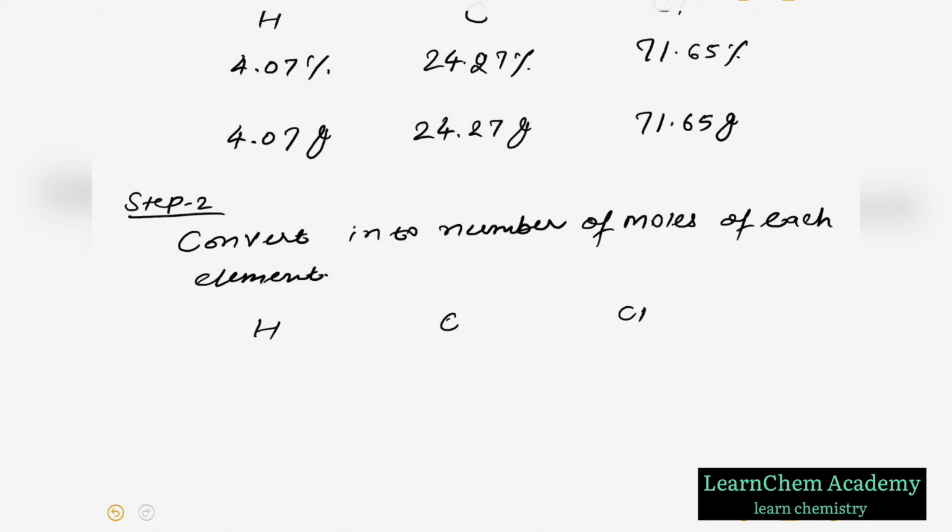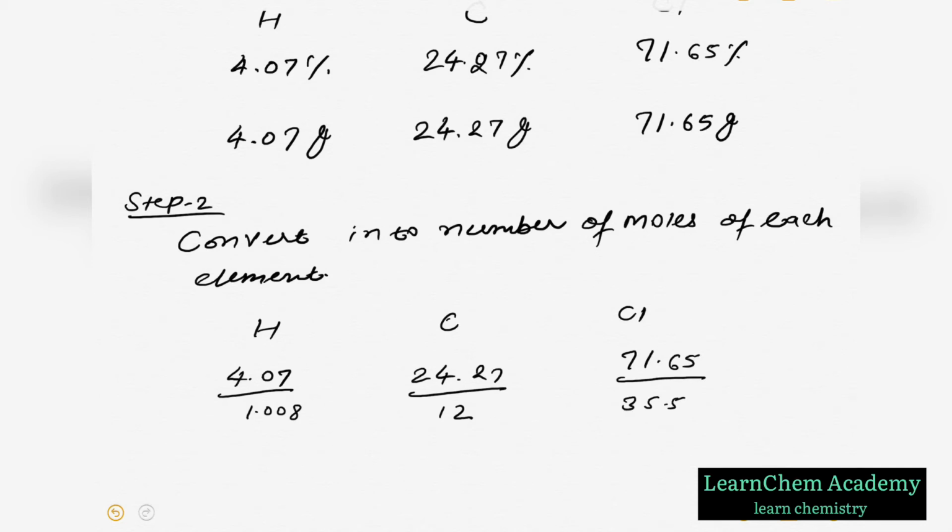So we can write 4.07 divided by 1.008, which is the actual mass of hydrogen, and carbon 24.27 divided by 12, and here 71.65 divided by 35.5.